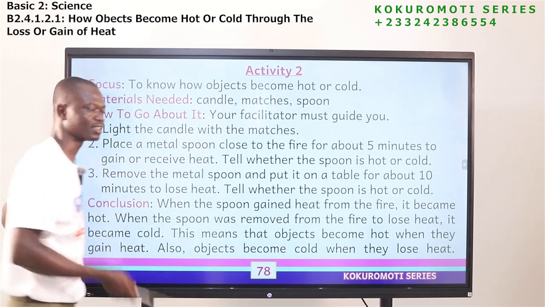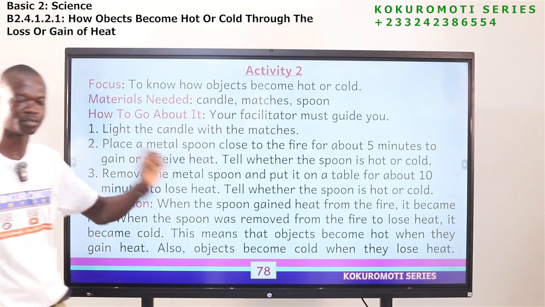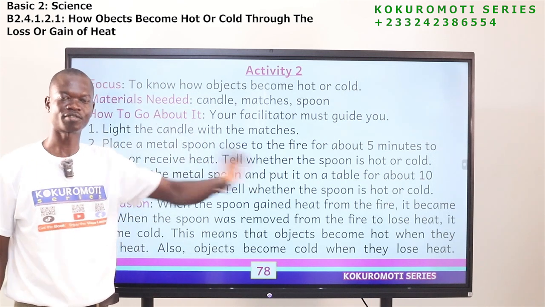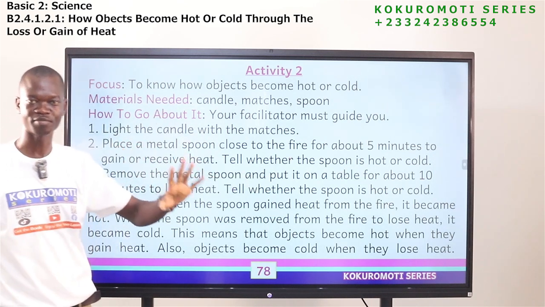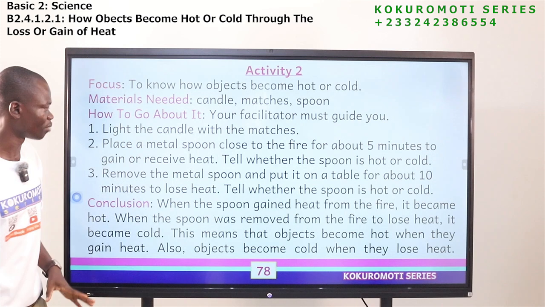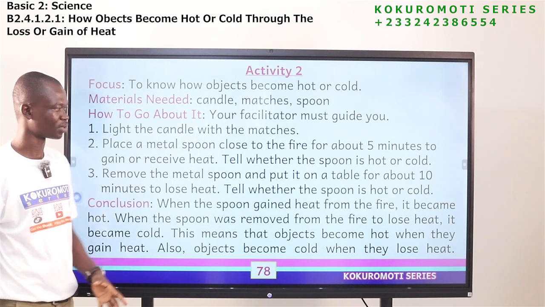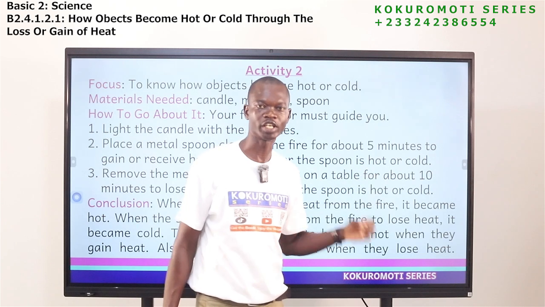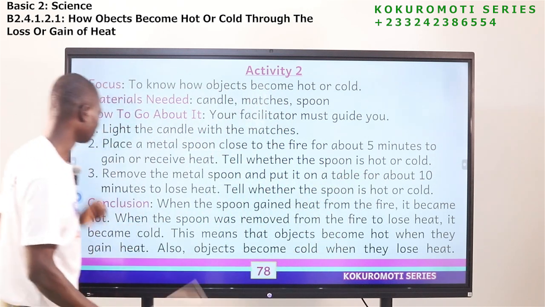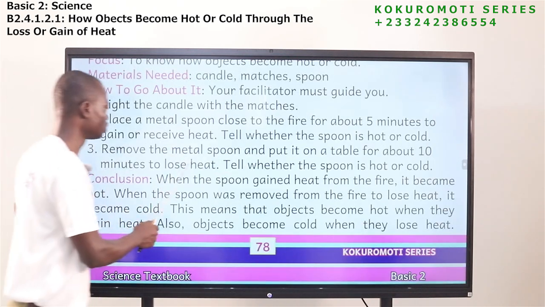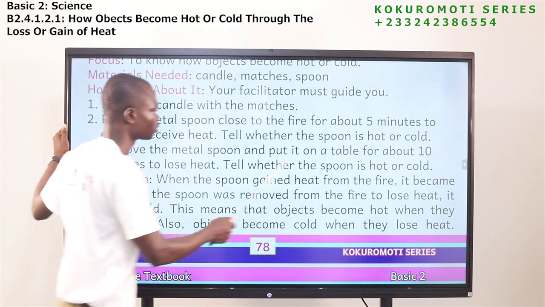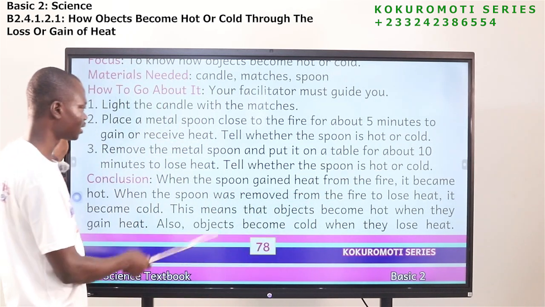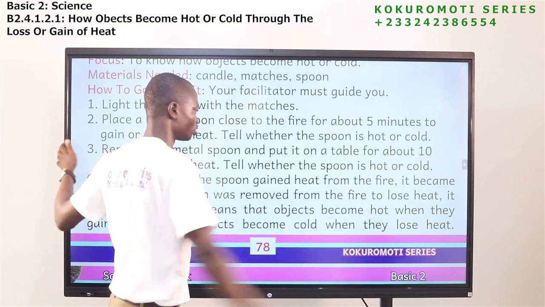So if the candle is burning and you place the spoon just closer to where the fire is for about 5 minutes, something will happen. So you tell what will happen. And the question is, is the spoon going to be hot or is it going to be cold? Okay. Remove the metal spoon and put it on a table for about 10 minutes to lose heat. Tell whether the spoon is hot or cold.